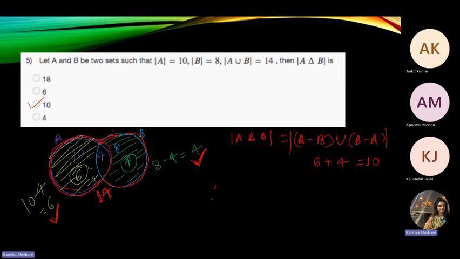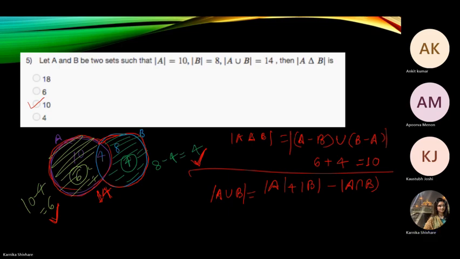So the number of elements in A union B is equal to the number of elements in A plus the number of elements in B minus the number of elements in A intersection B. Okay. Then we can see the number of elements in A is 10. Oh, one more thing. This is now this.